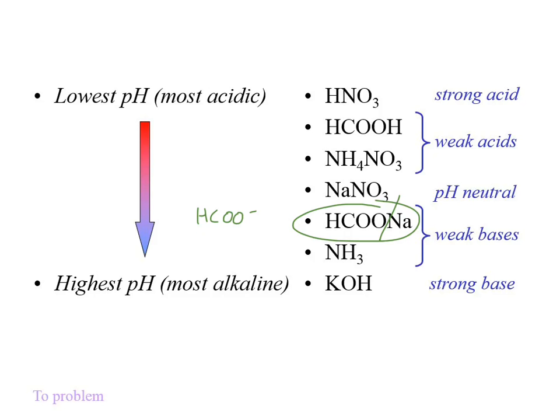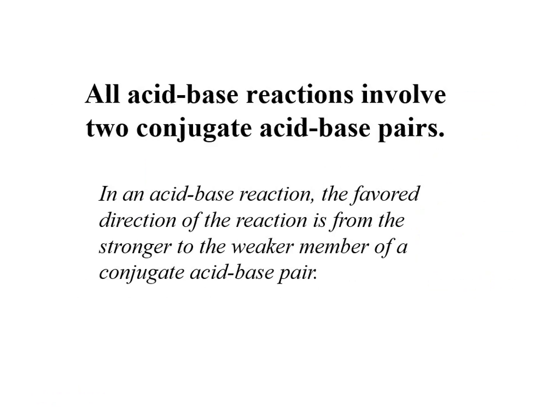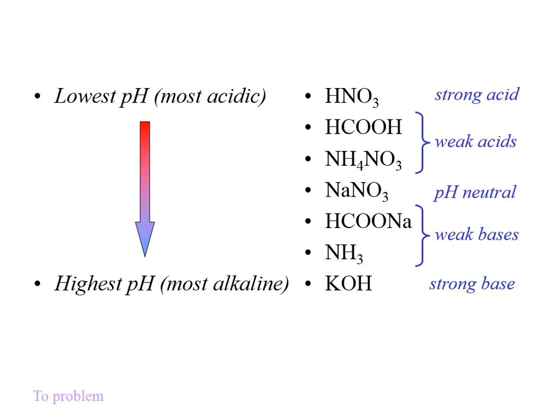Or I think I just was saying, it's a conjugate base or weak base of the weak acid, formic acid. And then NH3, full-fledged, you'll find a Kb value for ammonia. Okay, and then we top off with a strong base. So you're going to want to be able to kind of sort through those solutions.